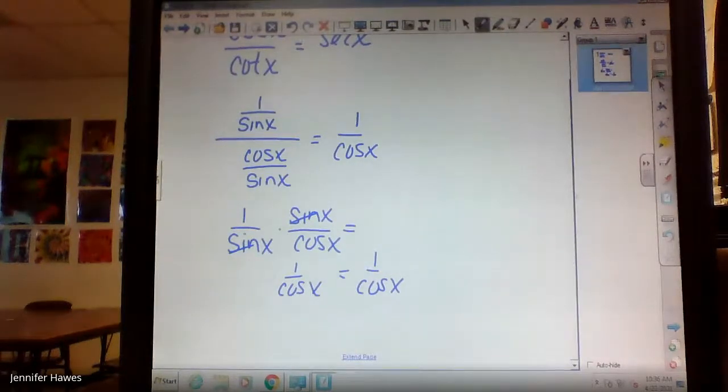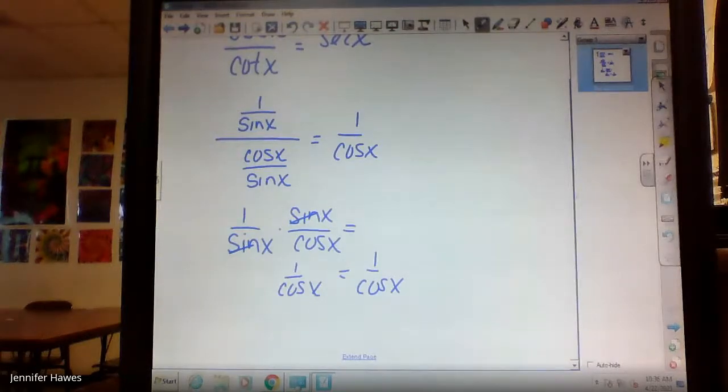When you did this in Algebra 2, you did this algebraically, with polynomials and that kind of stuff. So I'm just doing the same stuff, but I'm using trig identities. Like I said, it's kind of like a puzzle.